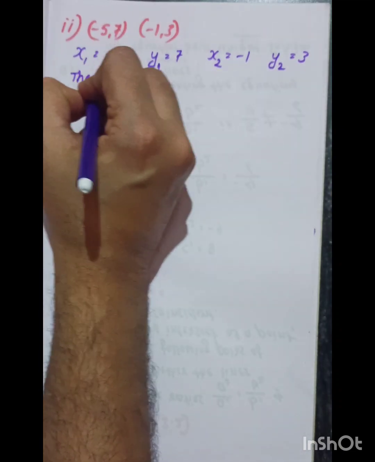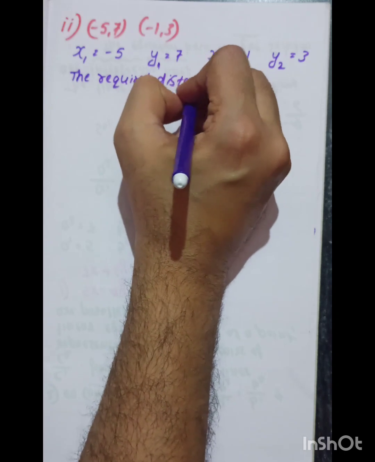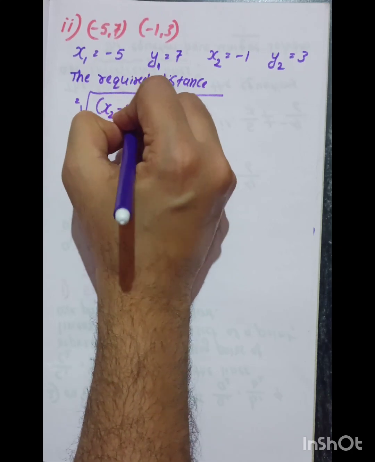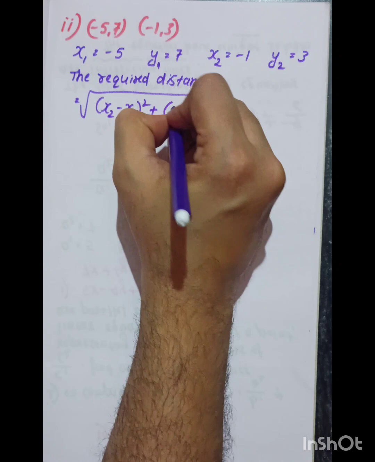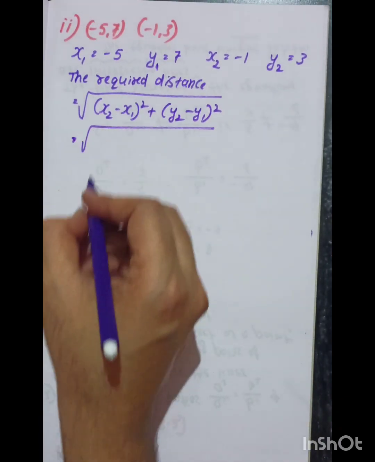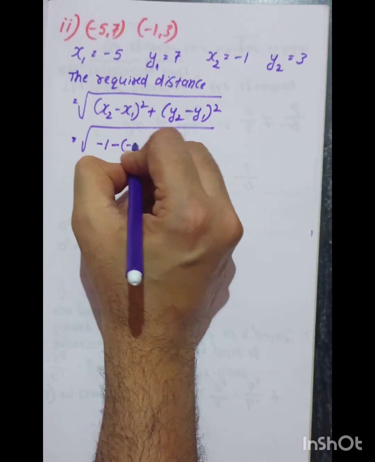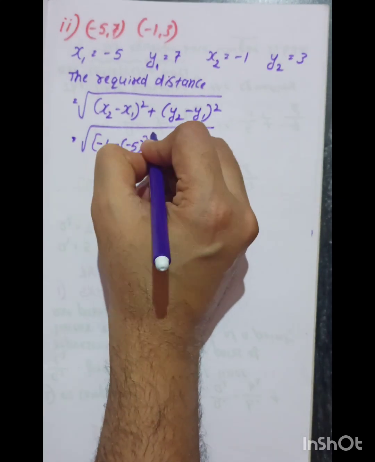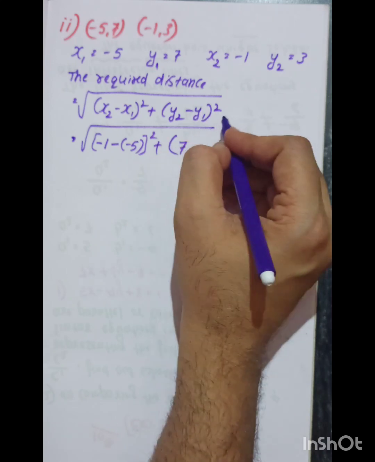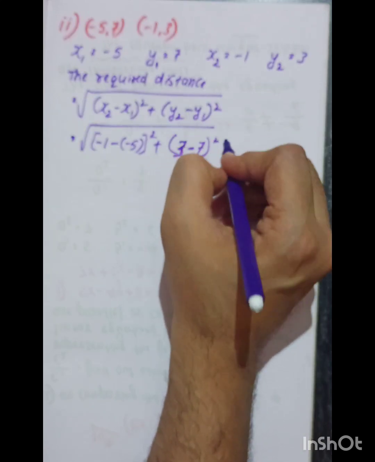So the required distance equals the square root of (x2 minus x1) whole square plus (y2 minus y1) whole square, equals square root of, applying x2 that is minus 1 minus x1 that is minus 5, whole square, plus y2 that is 3 minus y1 that is 7, whole square.